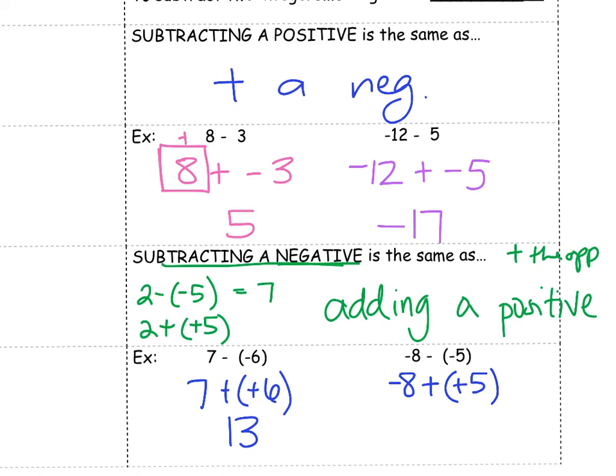This is a little crowded, so we can think of it as negative 8 plus 5. We don't need to write the plus sign twice. They have different signs, so we're going to take the difference of them. 8 and 5 have a difference of 3, but then the negative 8 is further from 0. Because it's negative, my answer will be negative.